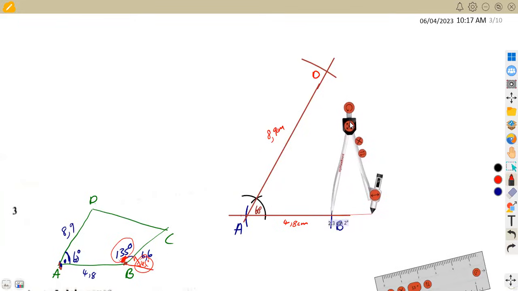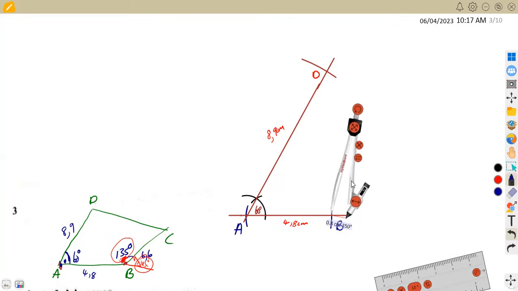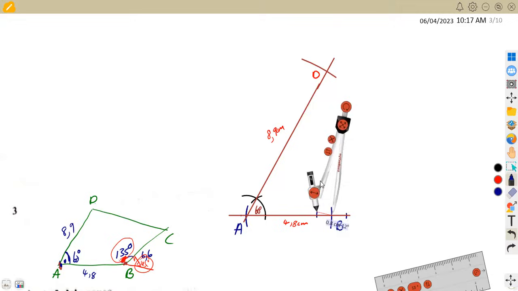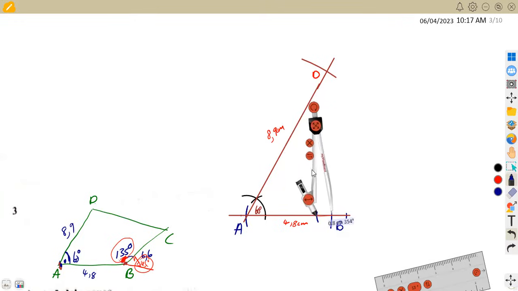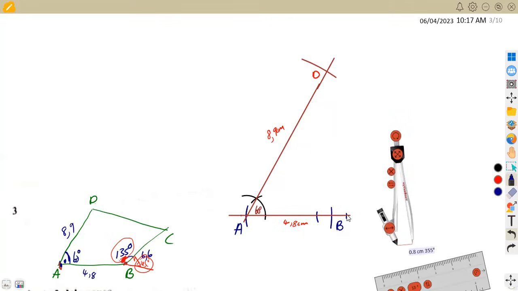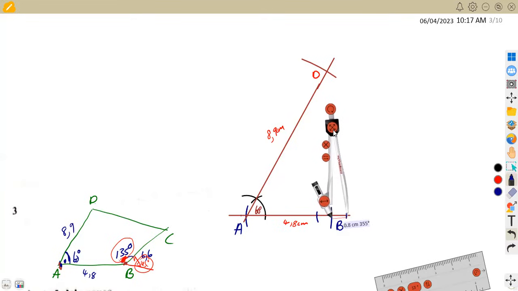For 90 degrees, you mark two arcs from the center point B, one on the right side and another arc on the left side like this. With these arcs that you have, you go back to those two arcs, this arc at this point here and this arc here, and open a certain distance which is more than half of the distance between the points.